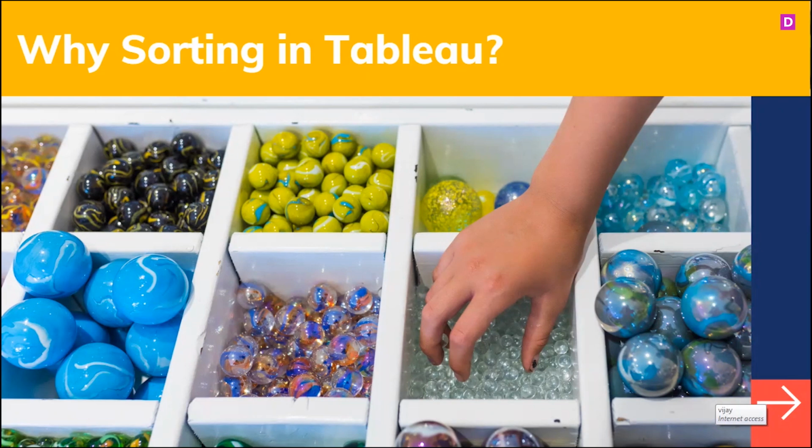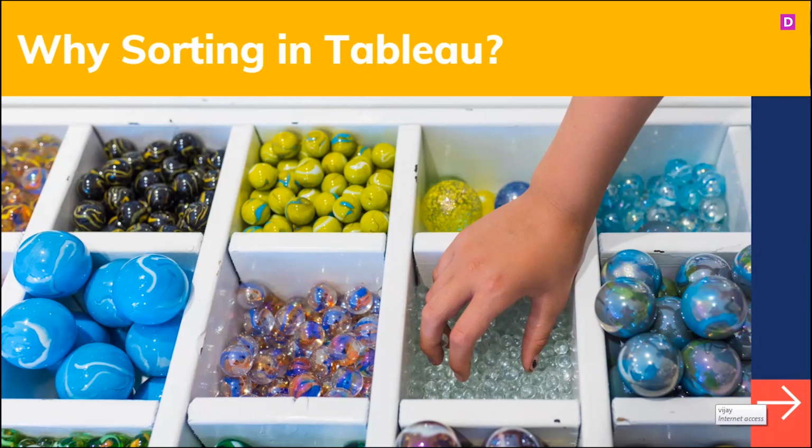So what exactly we try to do with sorting is, of course, putting the data in order. Either you put it in ascending order or you put it in descending order based on some kind of factors. Okay. So this is absolutely a very simple concept.